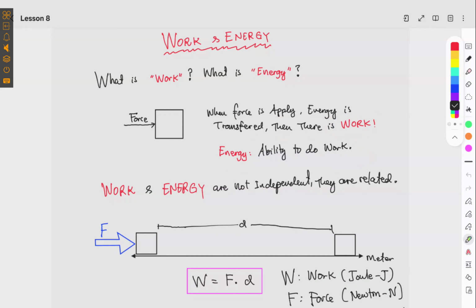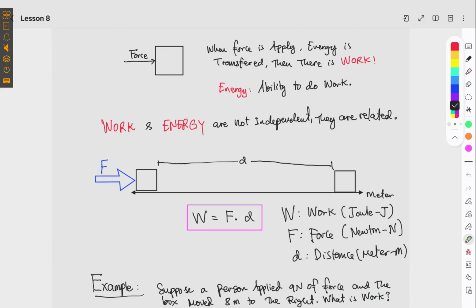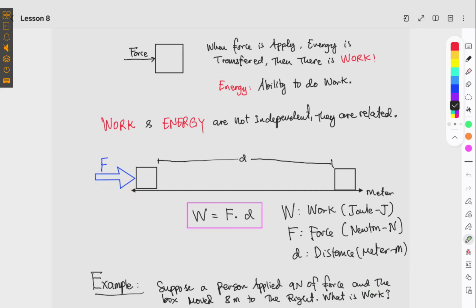We also say that work and energy are not independent. We are saying that work and energy are related somehow. If you apply a force to this block, and this block moves a certain distance, or let's call it displacement, then work is simply equal to force times distance.